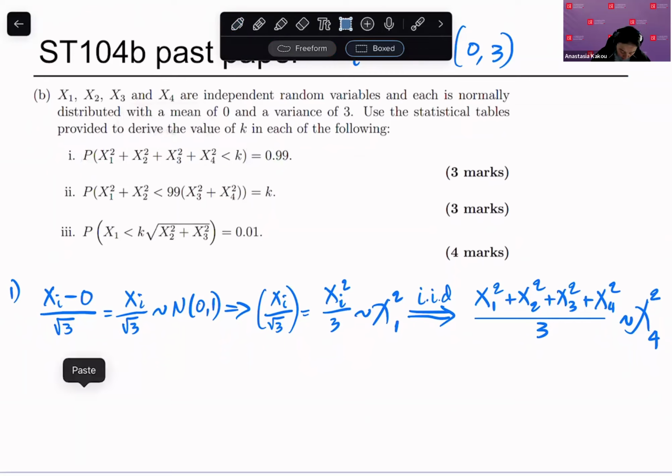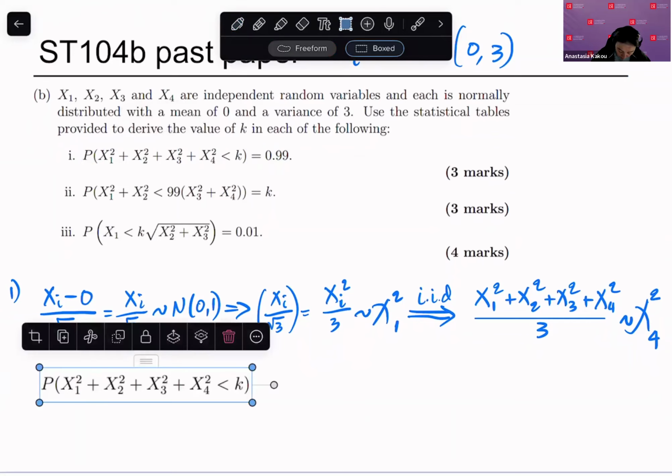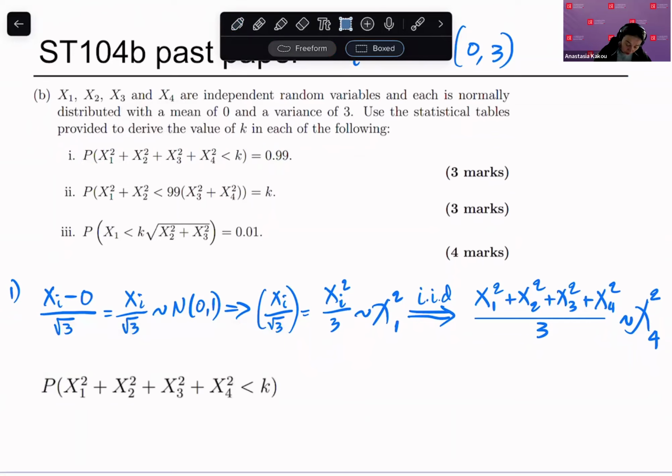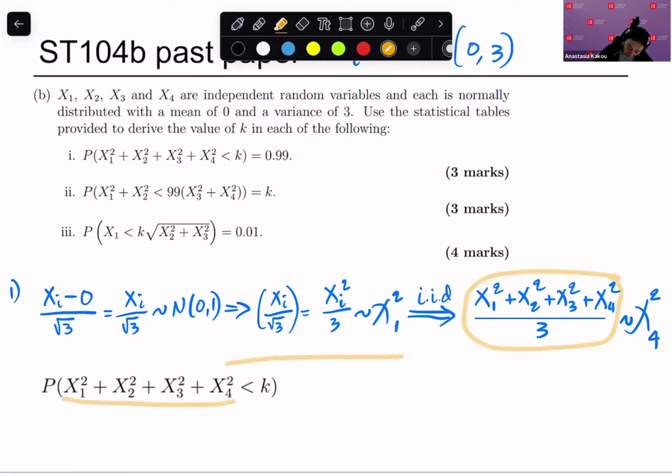So the question we have is to calculate this probability. And the way to calculate this probability is to compare it to the random variable that we have created. We have created this random variable, and we need to make this expression look like that. Okay, so these are the steps.